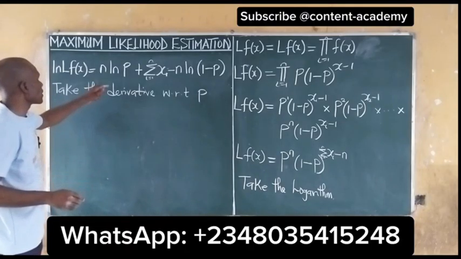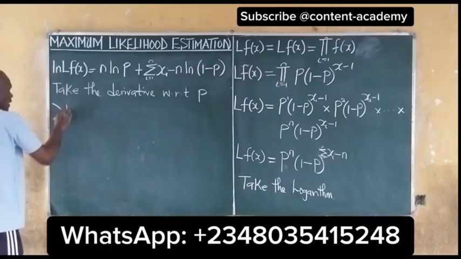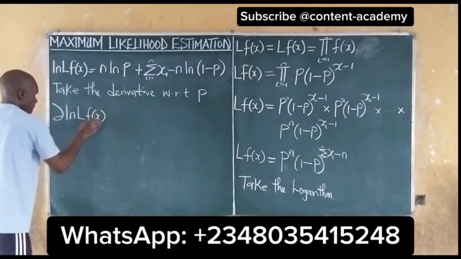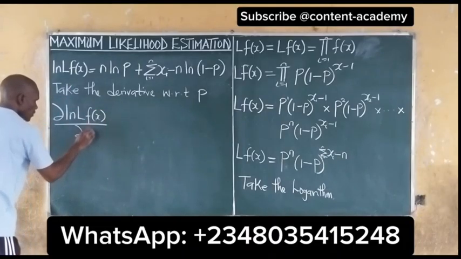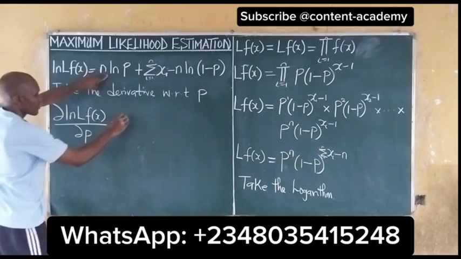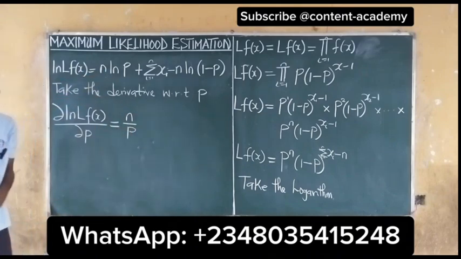Now, if we take the derivative of this function with respect to p, we have n all over p. This is what we get.